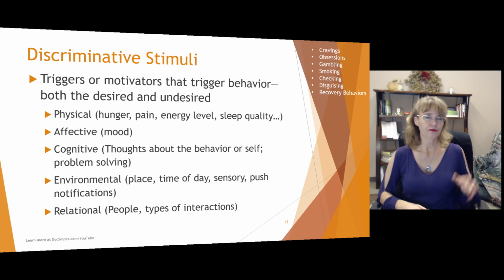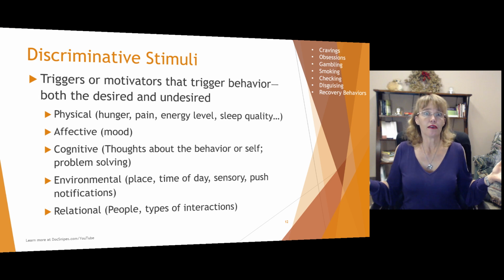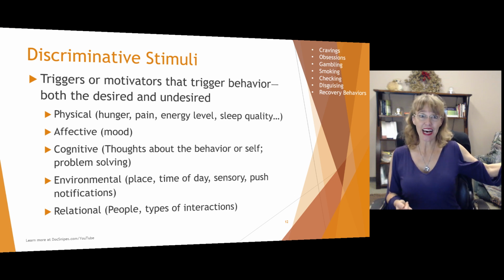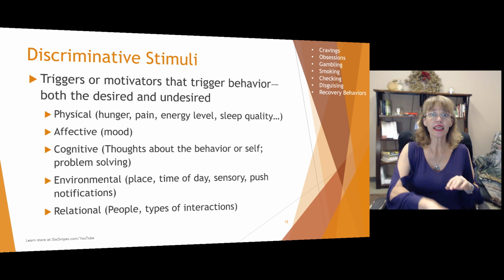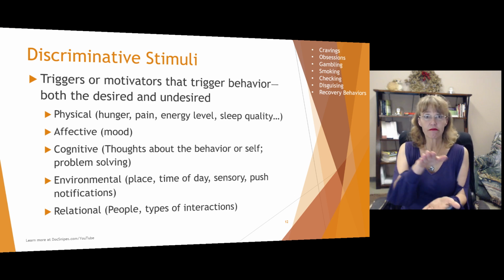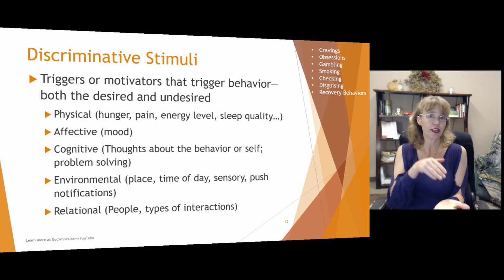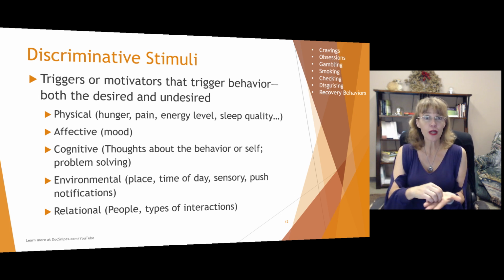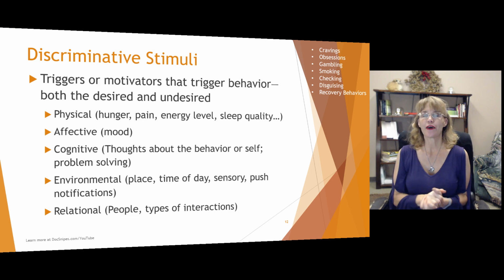For example, let's take alcohol. One of the triggers for drinking may be having alcohol in the house. So getting the alcohol out of the house and putting in its place a notepad that is either your journal or a notepad with the phone number of your sponsor on it.